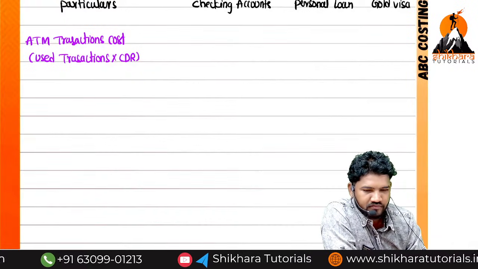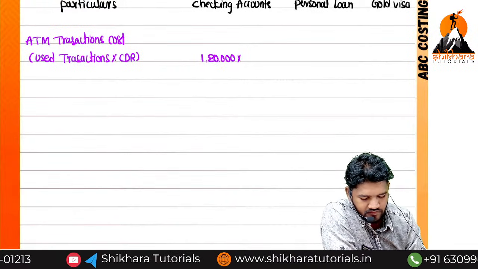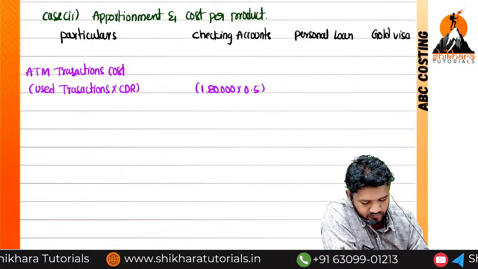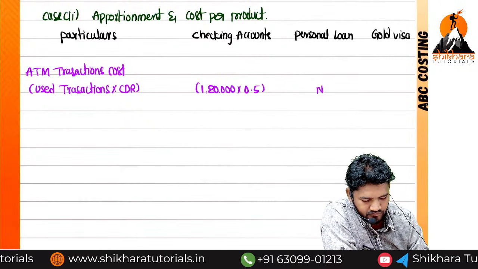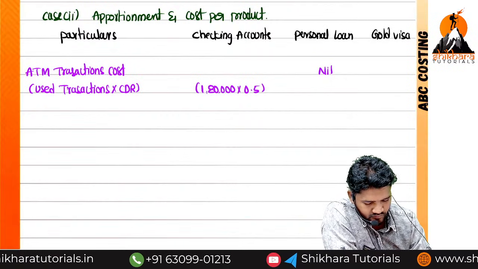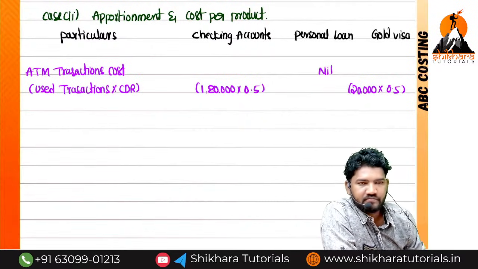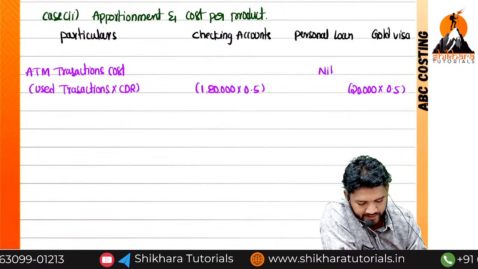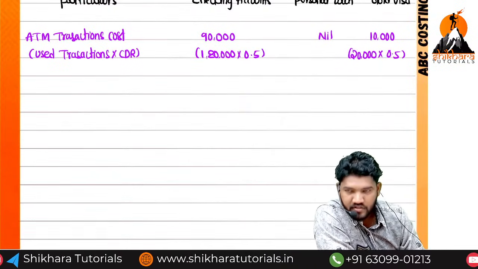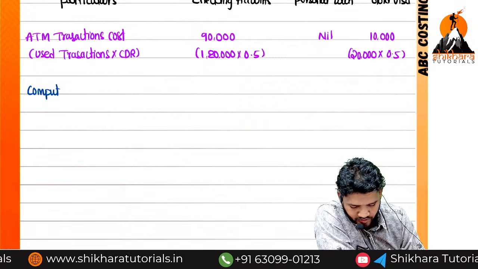Used transactions, please. 1 lakh. 1 lakh. 80,000. What about the cost driver rate? 0.5. What about the personal loan working note? What about the gold visa? 20,000 transactions, 0.5. Cost, please. Checking department, 90,000. 10,000. Next, cost allocation. Computer transaction cost.